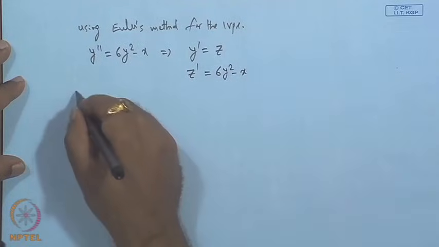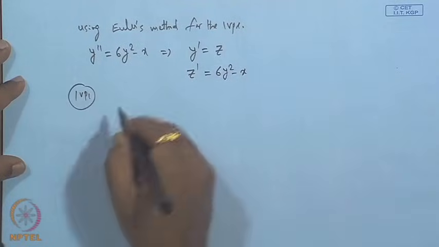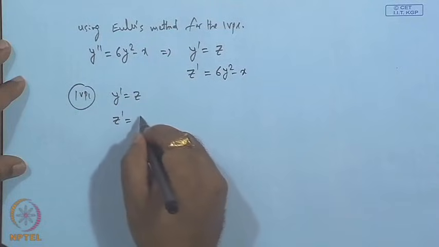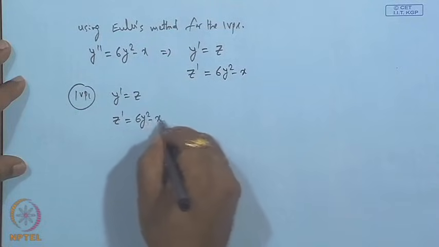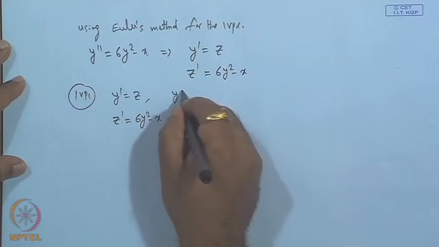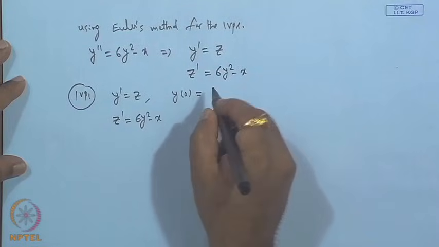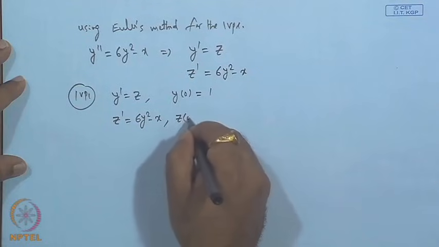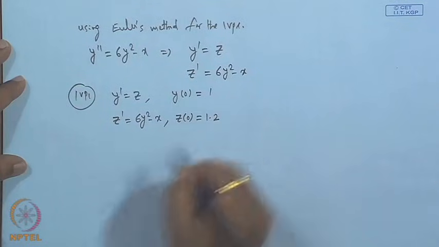Then IVP 1: y of 0 is 1, then y dash, which we have chosen, is 1.2.